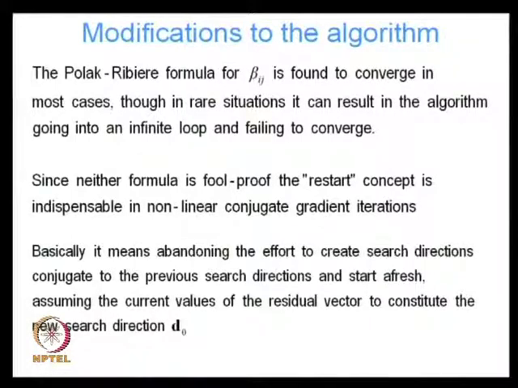Basically it means that the effort to create search directions conjugate to the previous search directions has to be abandoned at a certain point, when we think that we are no longer converging, or we have exceeded n iterations. Recall that in the conjugate gradient algorithm, in an n dimensional space, we construct n conjugate directions. So there are only n conjugate directions.